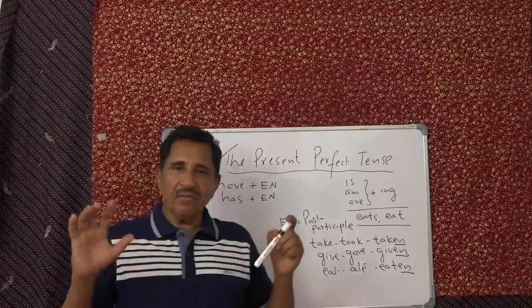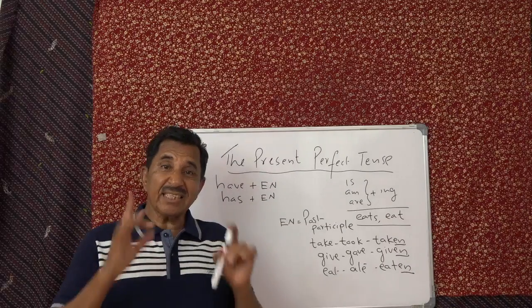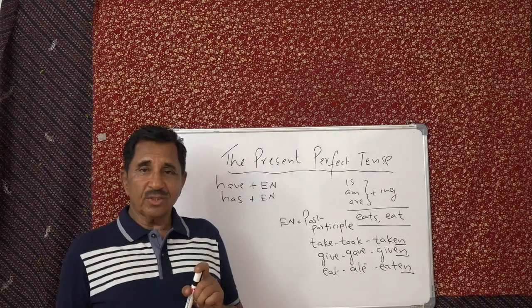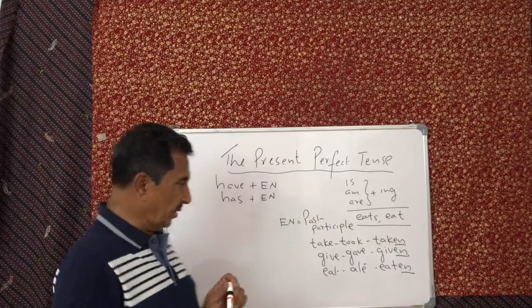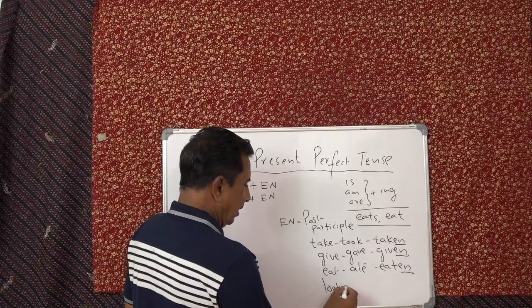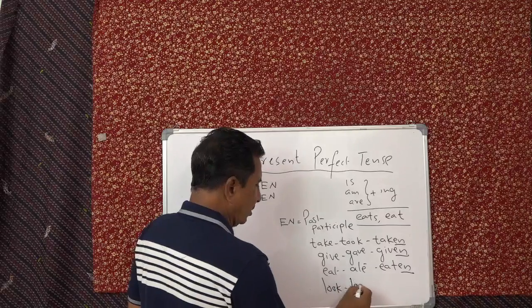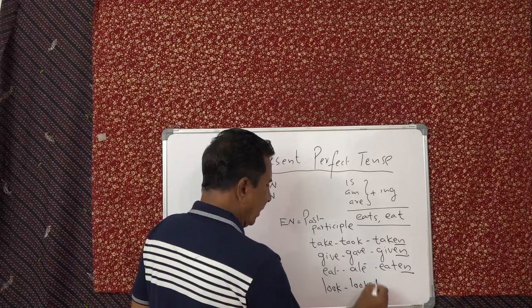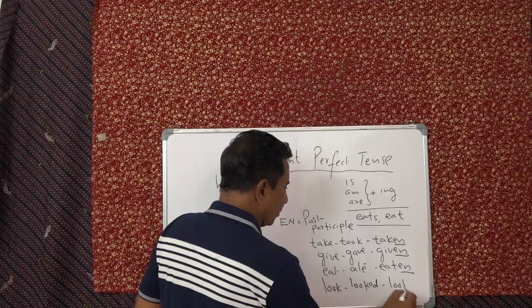But in many verbs, it appears as ed. So ed or en. For example, look. Past tense looked, and past participle also looked.